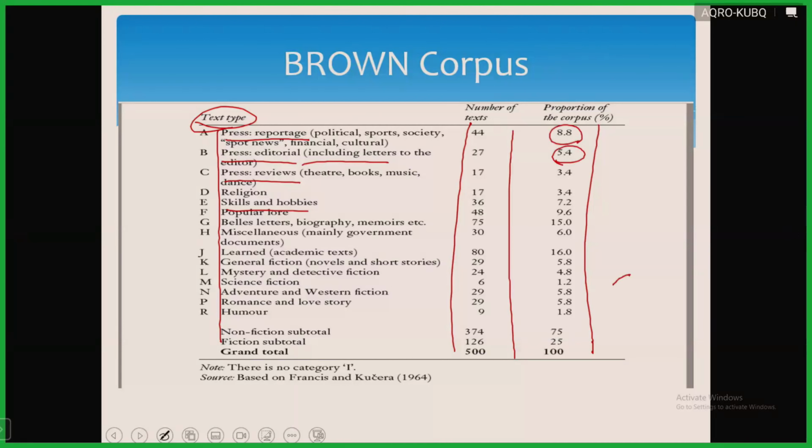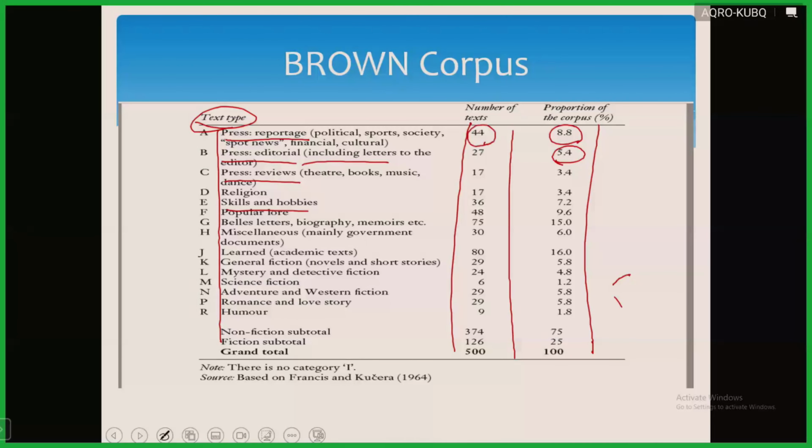Sometimes the writer of a newspaper editorial may write 100 words, and the next editorial, article or blog may be 50 words, right? So there may be 44 texts, and the proportion is 8.8.